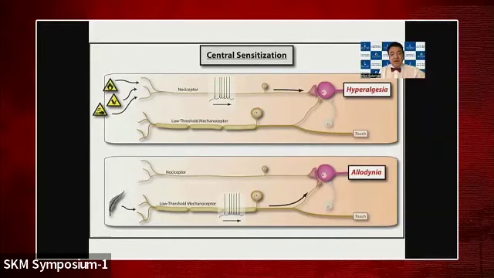And in allodynia, due to the central sensitization, even when you are touching softly, which should be 0 pain, just the feeling of touch, the patient feels like a 10 out of 10. Examples are complex regional pain syndrome and AMPS.